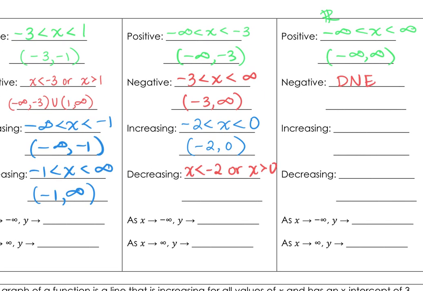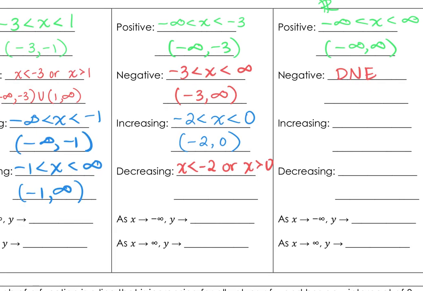And so then when I do my interval notation, I would do from negative infinity to -2, and then do the union sign again from 0 to positive infinity. All right. The last one gets easier again. Yay for an exponential graph.